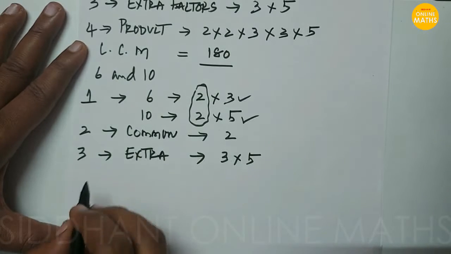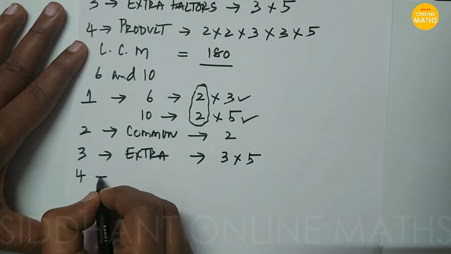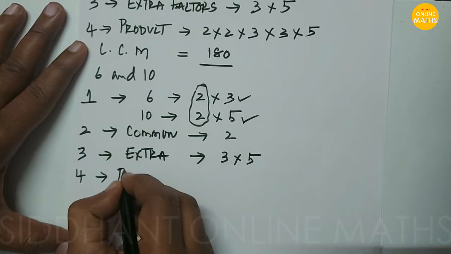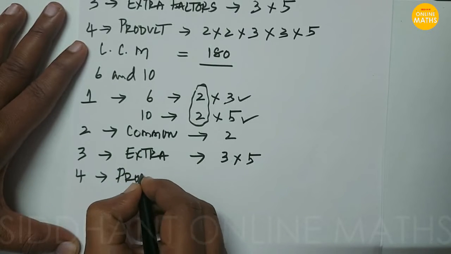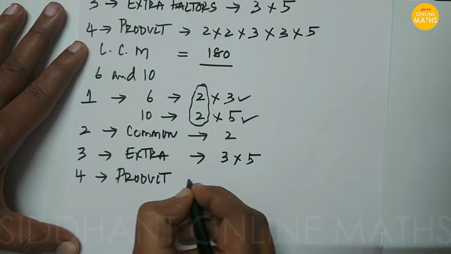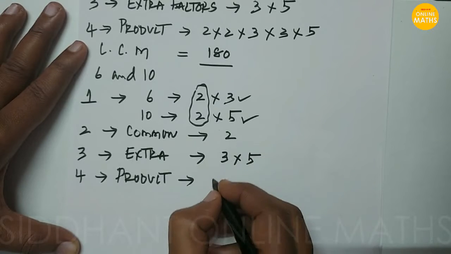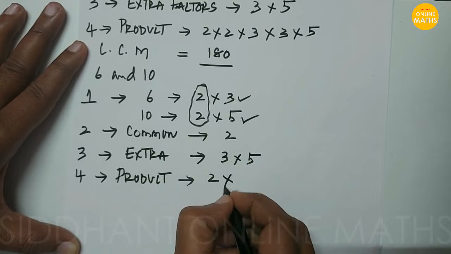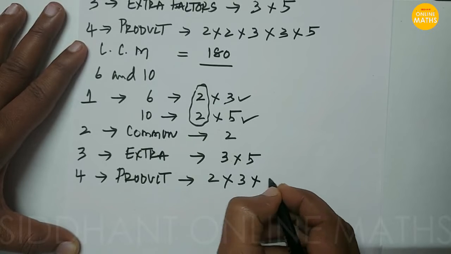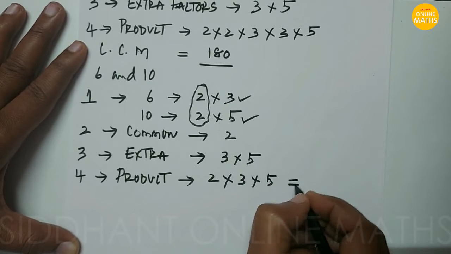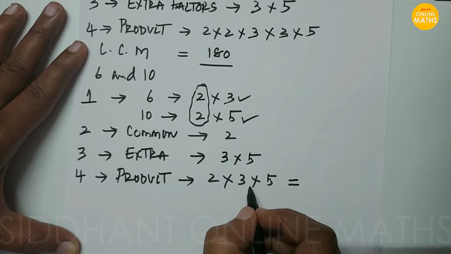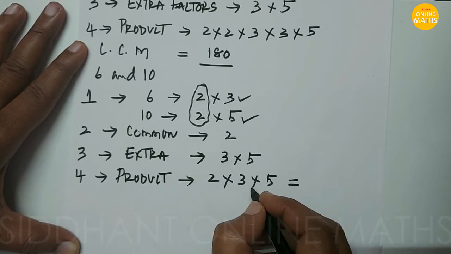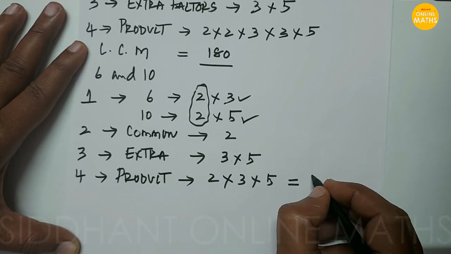In the fourth step, we take the product of the common factors and extra factors. The common factor is 2 and the extra factors are 3 into 5. When you multiply 2 into 3 into 5, we get 2 into 3 is 6, 6 into 5 is 30.